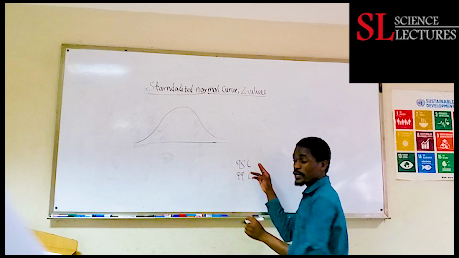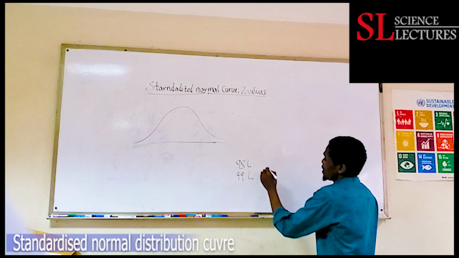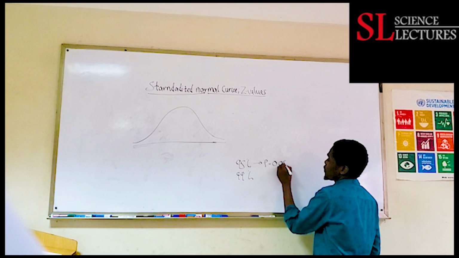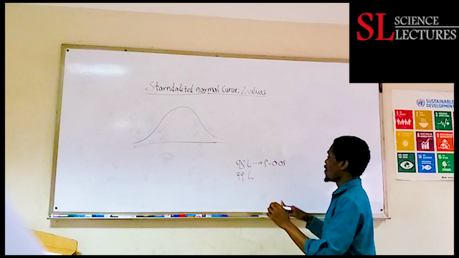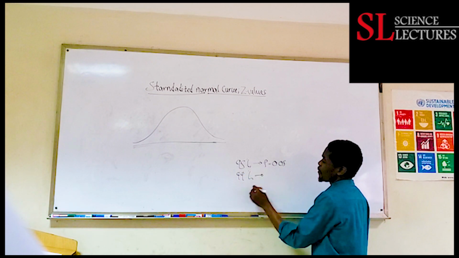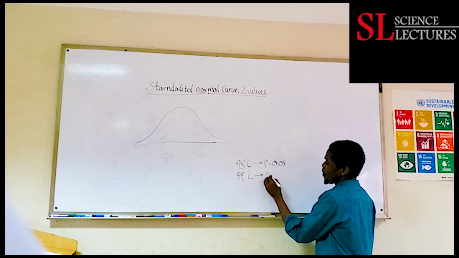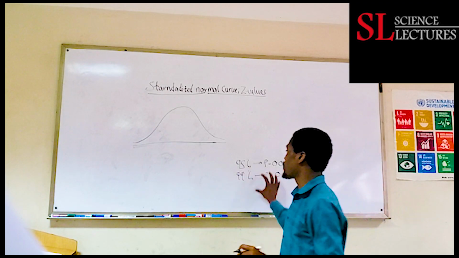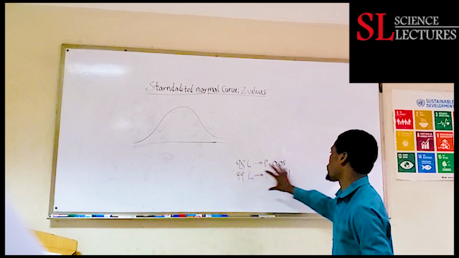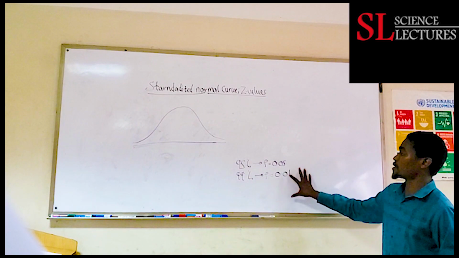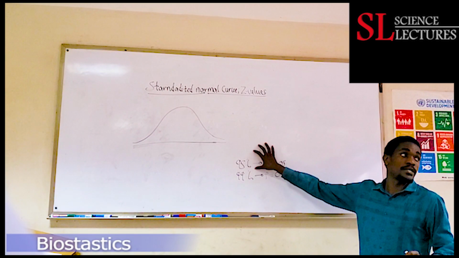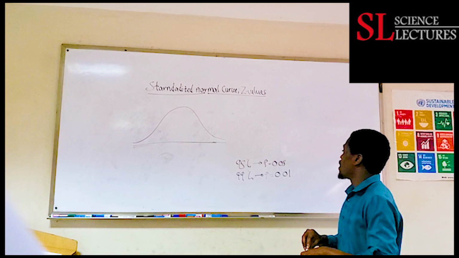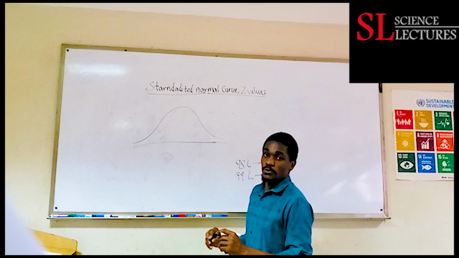A critical at 95% is the one for the probability p equal to 0.05. And a critical of 99% is the one for a probability of 0.01. So at 99%, an event has a probability of 0.01, and at 95%, we give it a probability of 0.05. So we have standard criticals for z values.